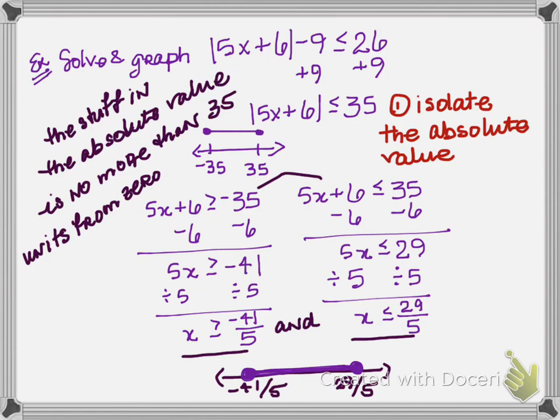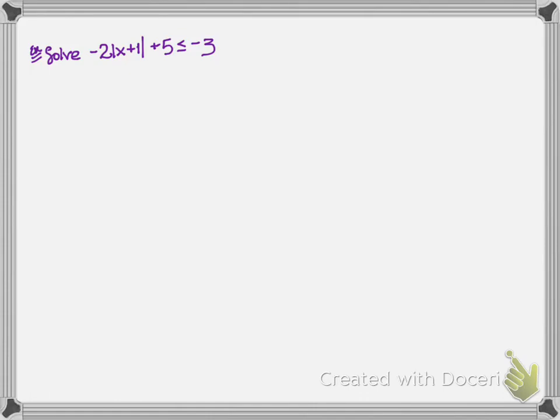I'm going to do one more example, and hopefully that will help too. By the time we got to this one, in most of my classes, people had forgotten some basics. One of the basics is that you need to get the absolute value all by itself, or, as we said earlier, isolate the absolute value. So we do that first.